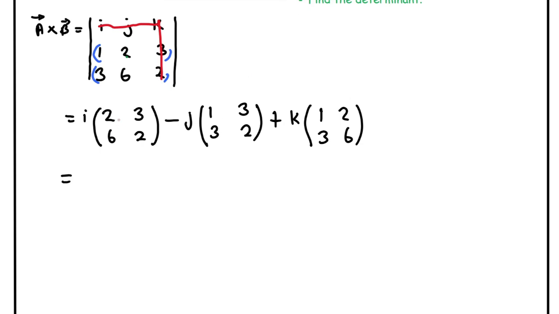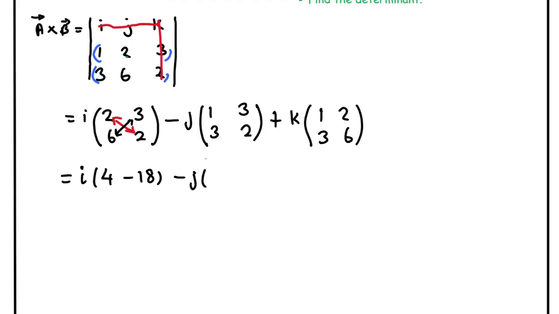Now, finally, we have to find the determinant of these 2 by 2 matrices. To find the determinant, we multiply the major axis. So it will be I on the outside, open brackets, 2 times 2, that's 4, minus the minor axis, 3 times 6, that gives us 18.